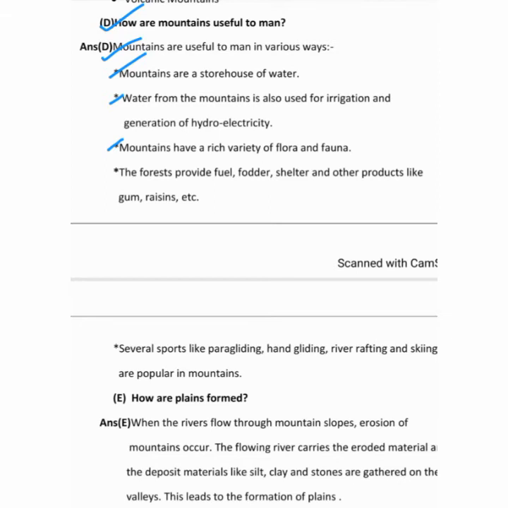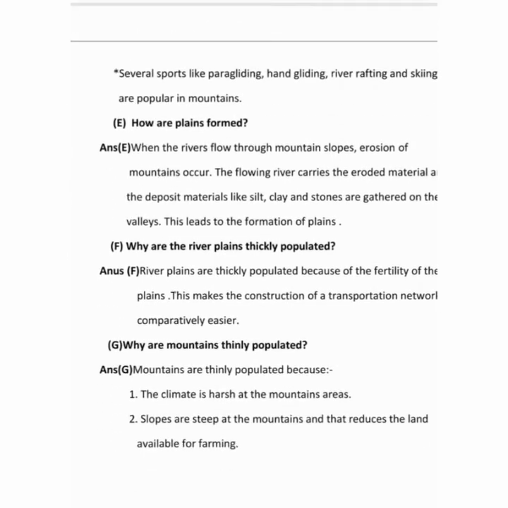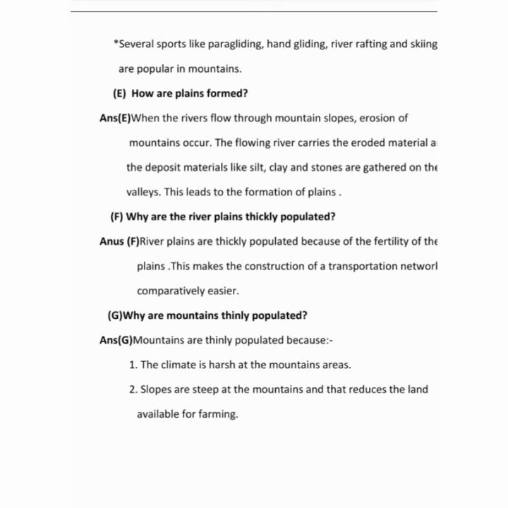Mountains have a rich variety of flora and fauna. The forests provide fuel, fodder, shelter and other products like gums and resins. Several sports like paragliding, hang gliding, river rafting and skiing are popular in mountains.